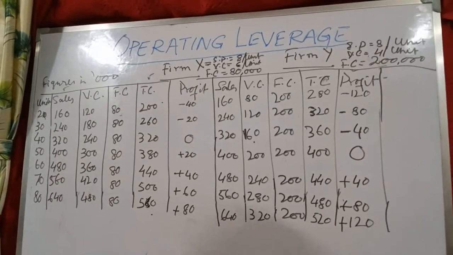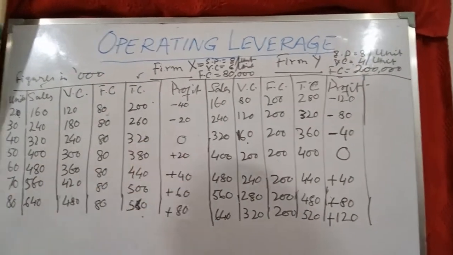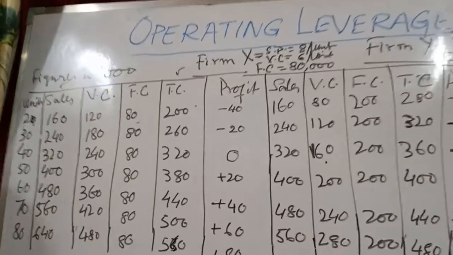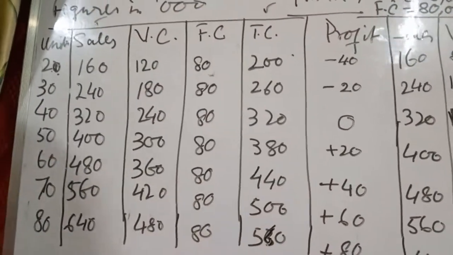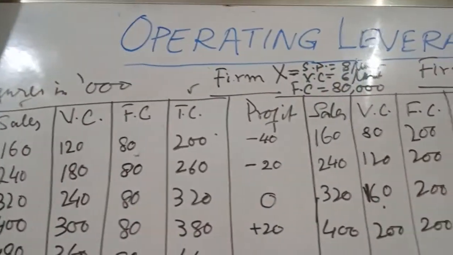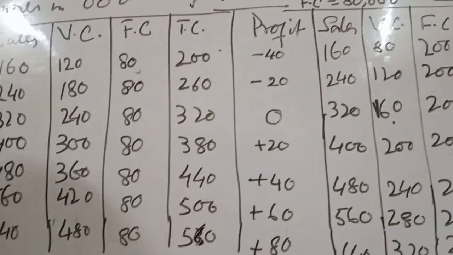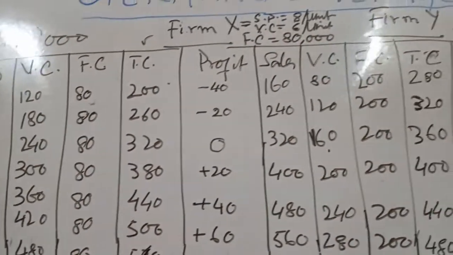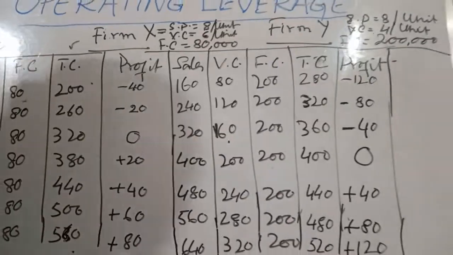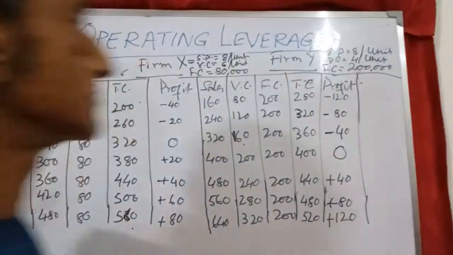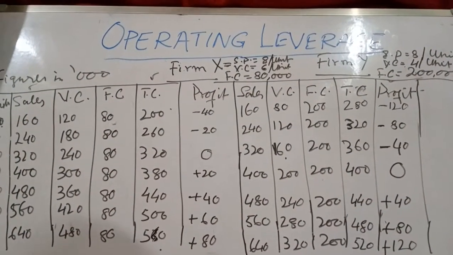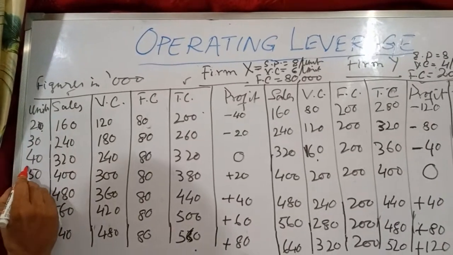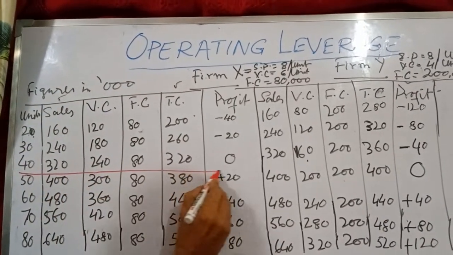Now carefully watch the table. Firm X is breaking even at 40,000 units.